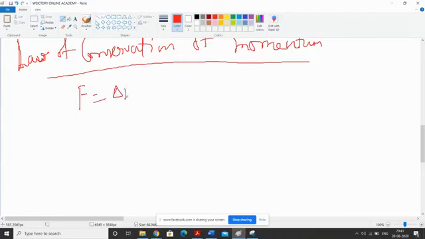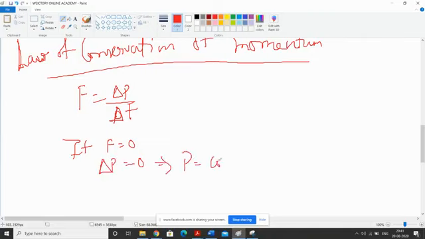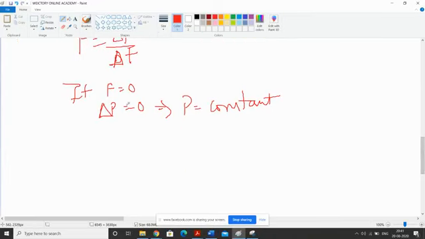As we know, F is equal to delta P over delta T. Okay, change in momentum over change in time. If F is 0, if you do not apply any force, it means delta P will be 0, which means P has to be constant. So if force applied on an object is 0, its momentum will remain constant, or momentum is conserved.